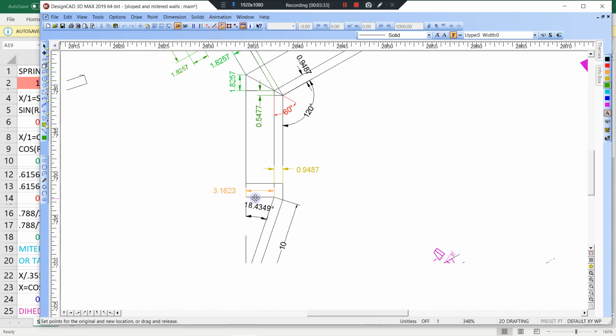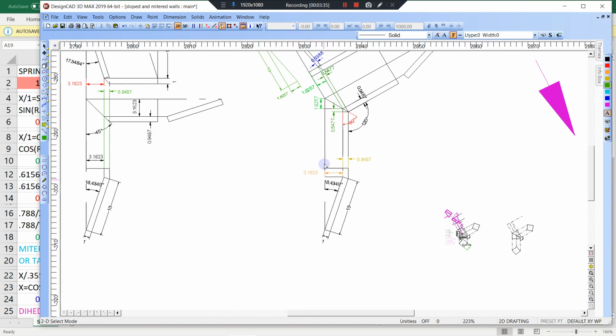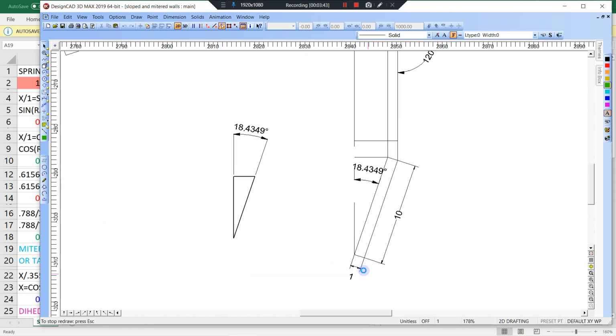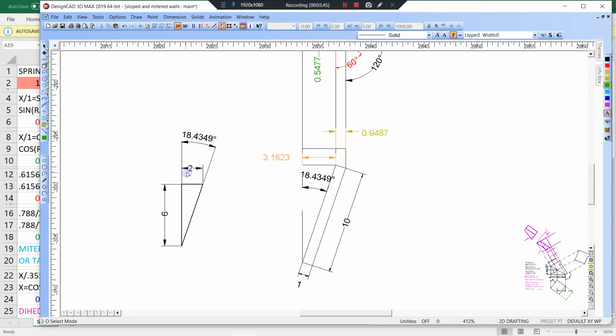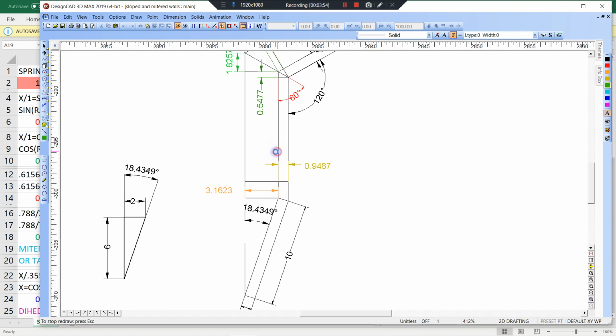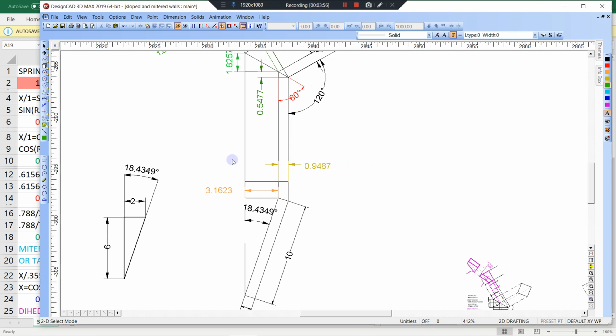So we know the spring angle on this, which just means it's off the vertical, and you could do the arctangent of 2 divided by 6, and you would end up with 18.4349. So to find this angle, we type in x over 10 is the sine of that angle.